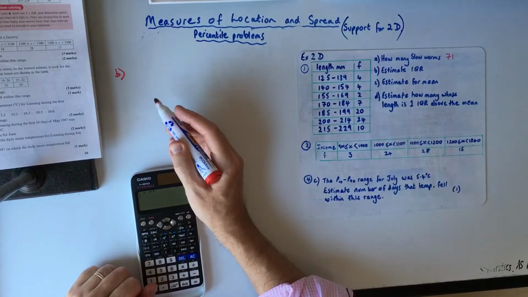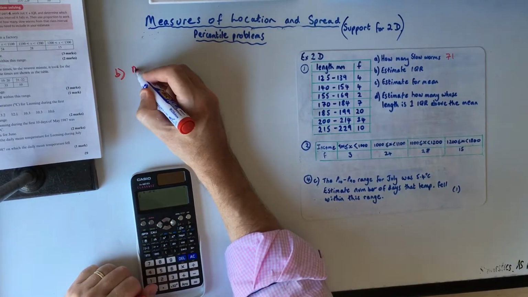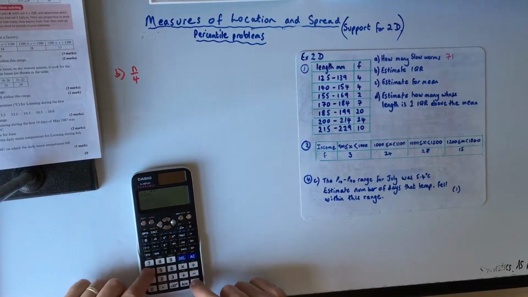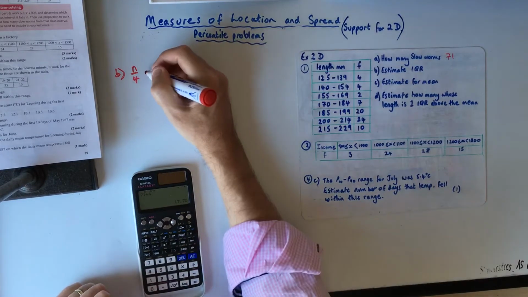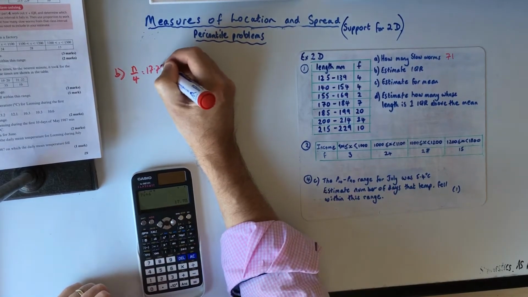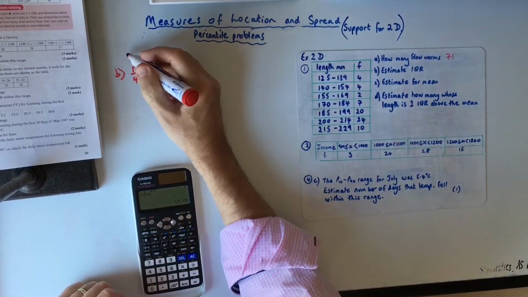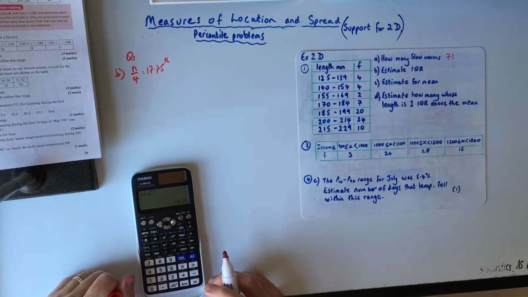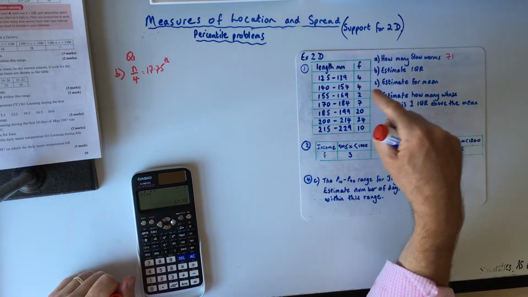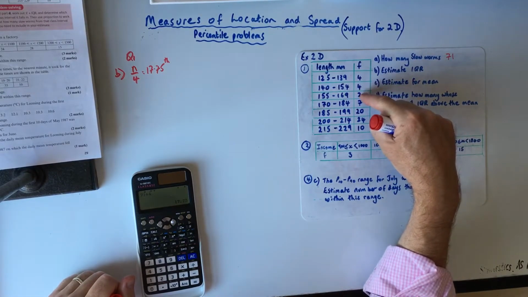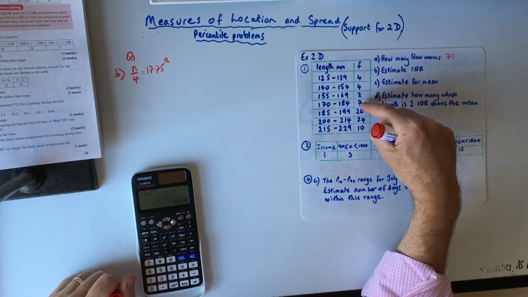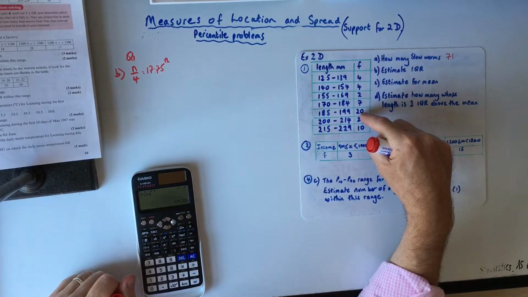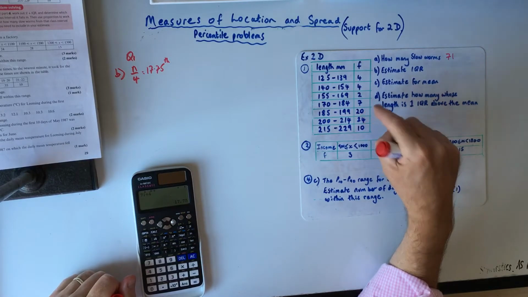So because it's continuous data, for part B we use n over 4, so 71 divided by 4 is 17.75. This is Q1, the first quartile, so it's the 17.75th term. 4, 8, 10, 17, so the first 17 are in there, and we want 0.75 into this group here.